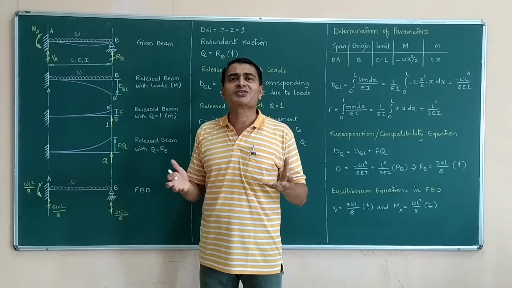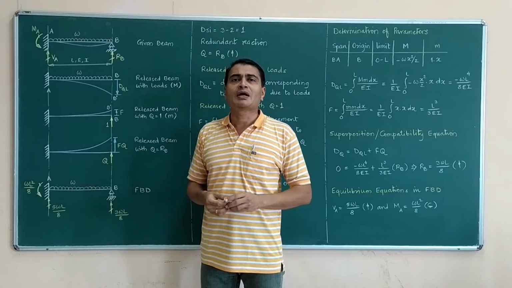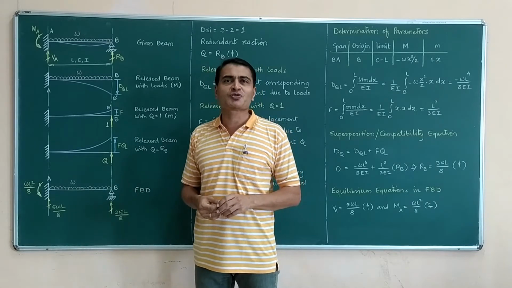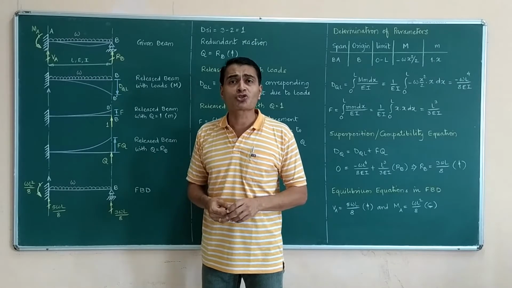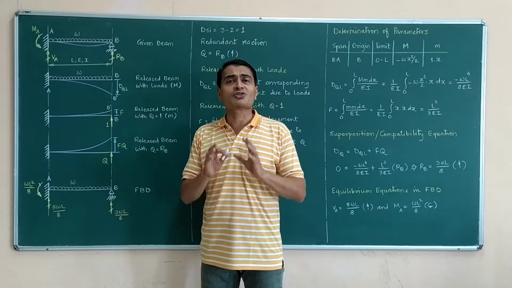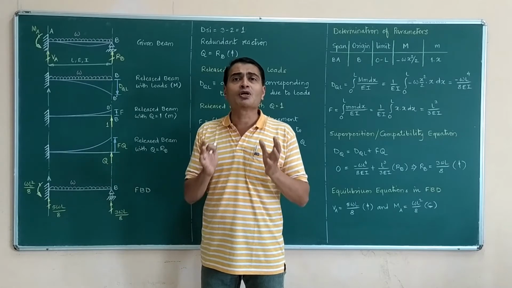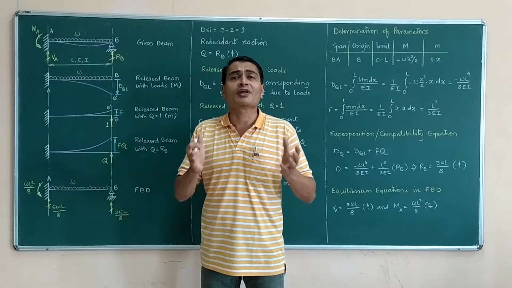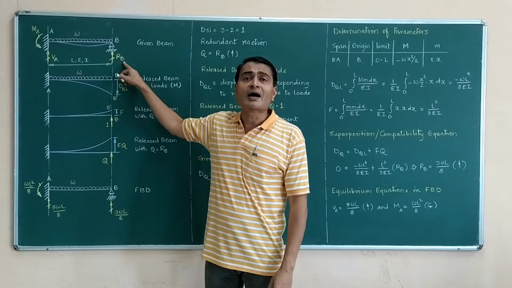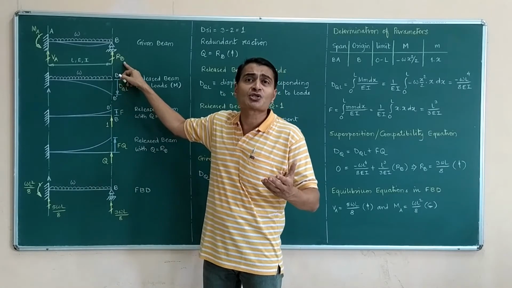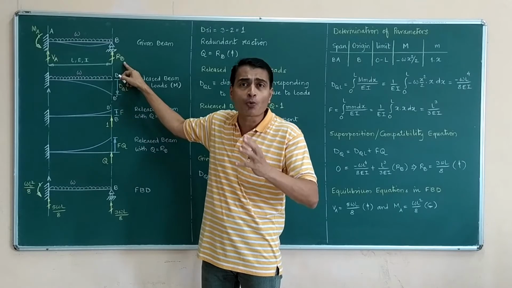Now obviously this is an indeterminate beam and we are supposed to analyze this beam using flexibility method, force method. So our focus is not displacements but the unknown support reactions. That's why to begin with I have shown the reactions offered by the two supports.